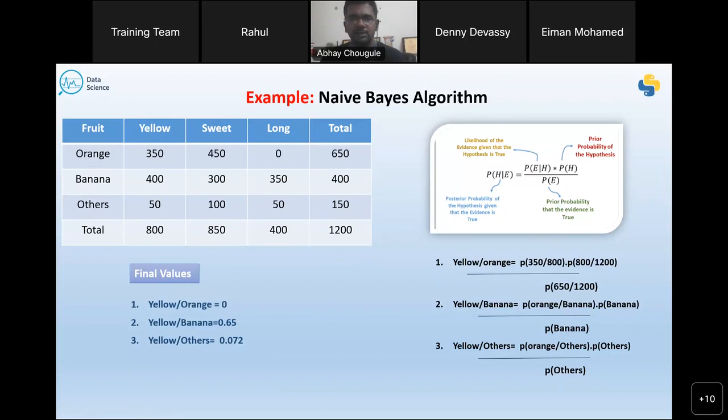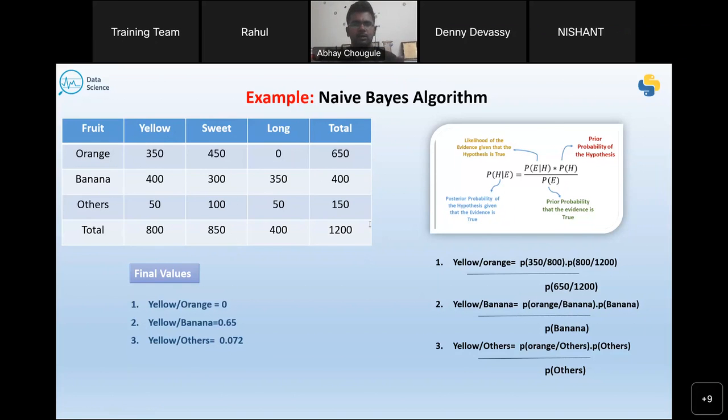Have you tried this example? Did you get the point? Please let me know in the chat. Yes, this is the yellow orange point only, Dennis.